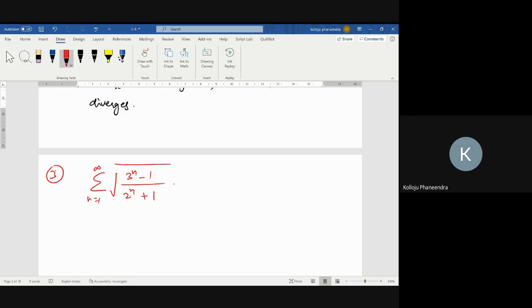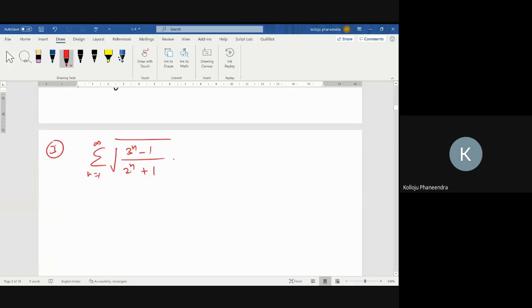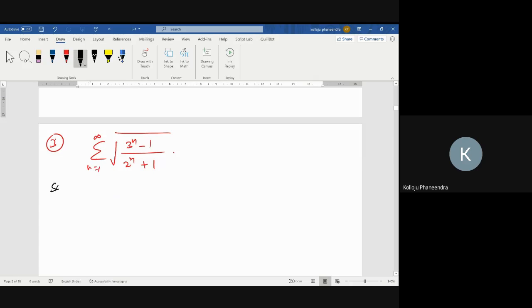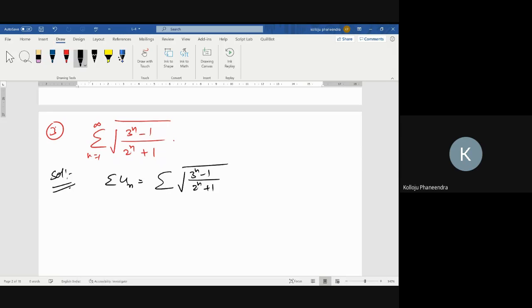Come on. Solution. All of you, solve yourself. I'm telling this is nothing but sigma Un, which is sigma under root 3 power n minus 1 by 2 power n plus 1.